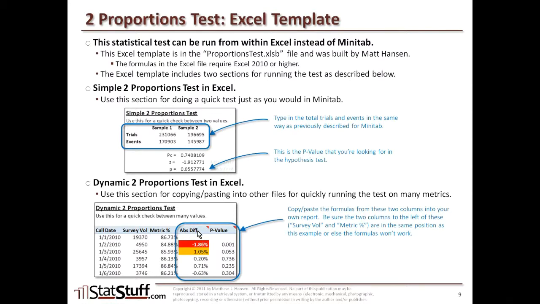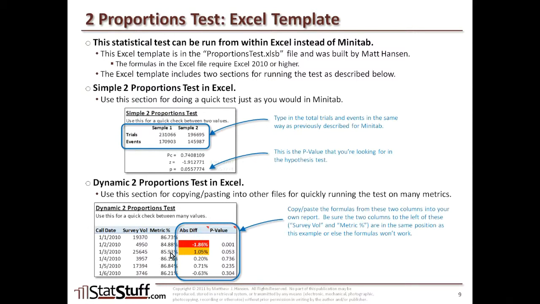The absolute difference column is merely a calculation of the absolute raw difference between one row and the row previous to it. So in this example, we've got 84.88%. Subtract from that 86.73%, and the raw difference between these two rows is reflected here as a negative 1.86%.